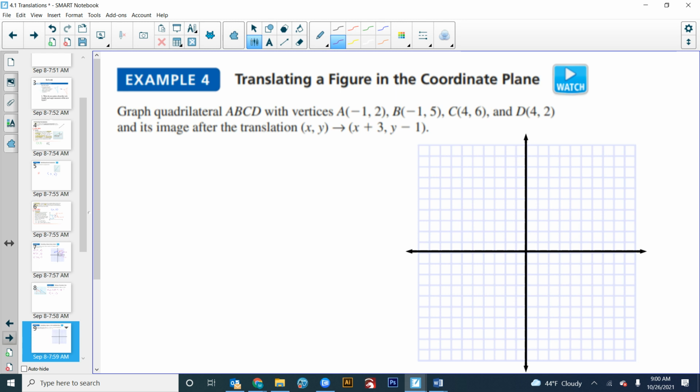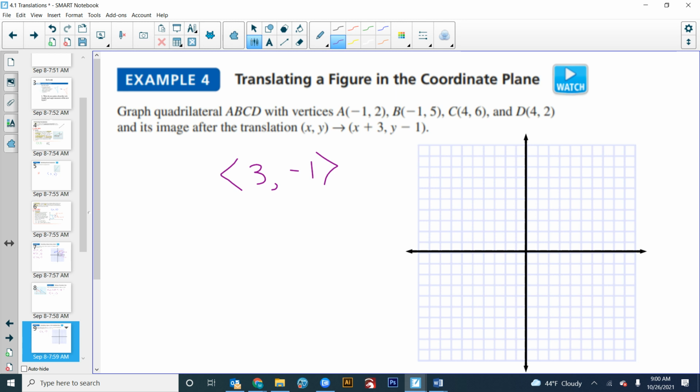Don't get confused. If you're adding 3 to X, doesn't that tell you the vector's horizontal component? What's the vector's horizontal component? 3. And if it tells you to take 1 away from the previous Y, then the vertical component is -1. Does that make sense to you guys?